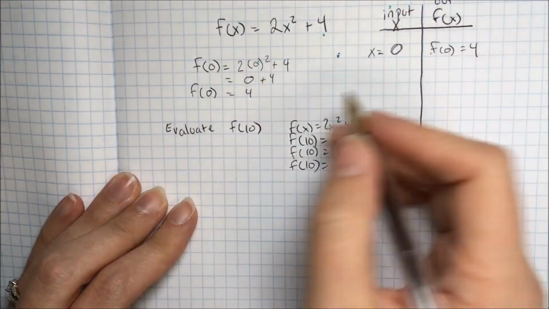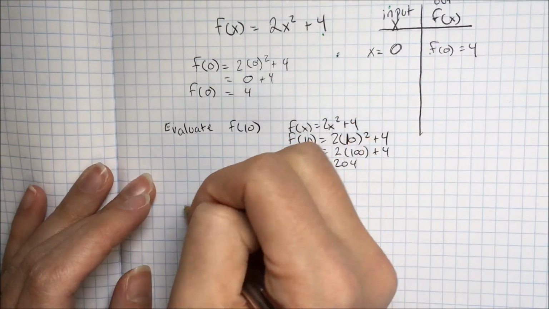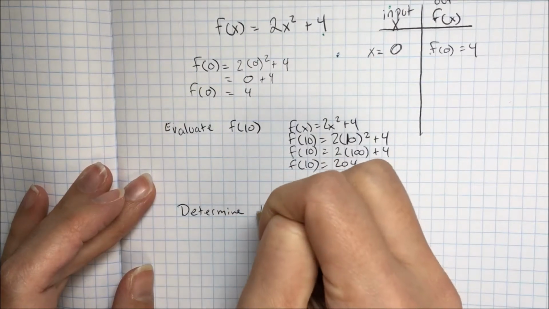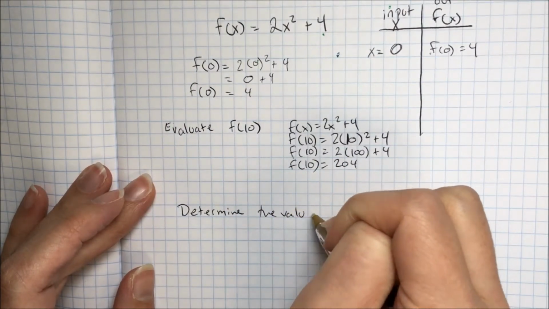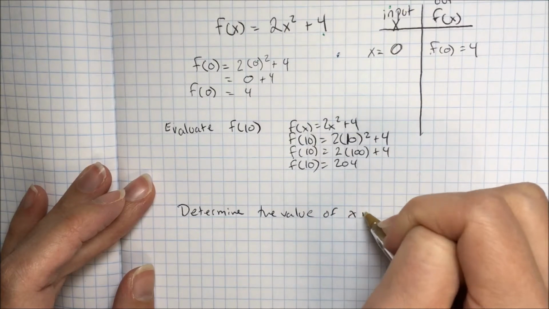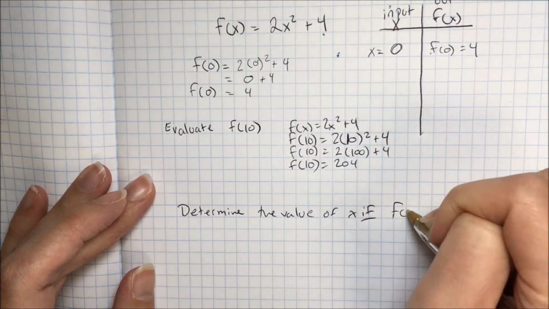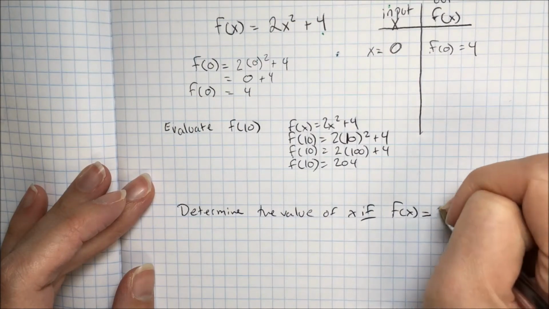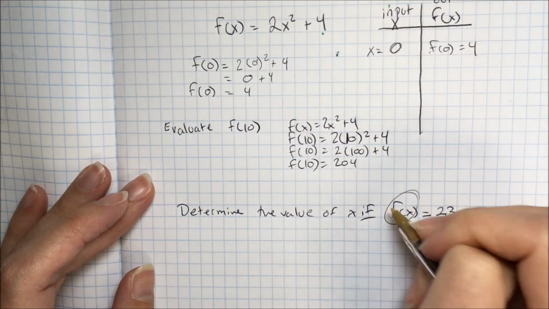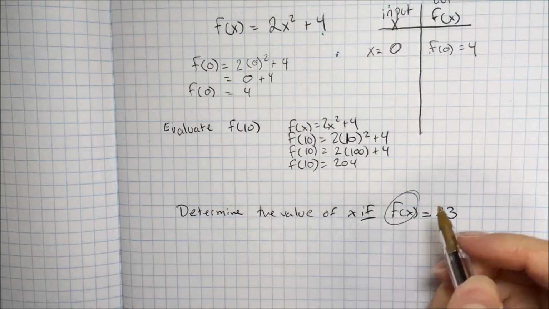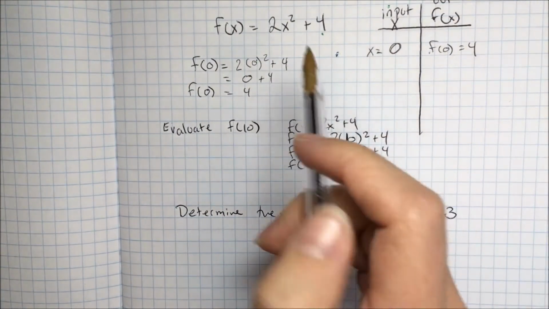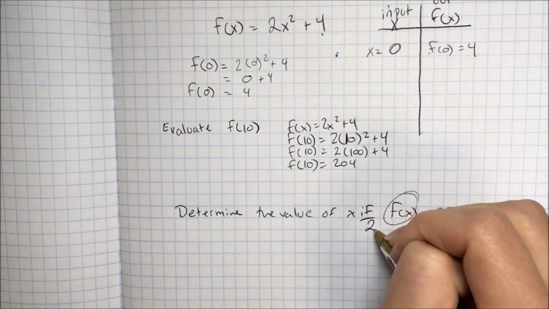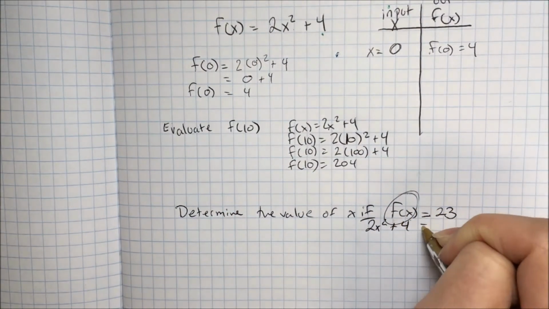So if they could put it backwards to me as well. They could say determine the value of x if f of x equals 23. So now they're telling me that the end result, what I get out, is 23. So I know that f of x is 2x squared plus 4. So I'm going to replace f of x with 2x squared plus 4.